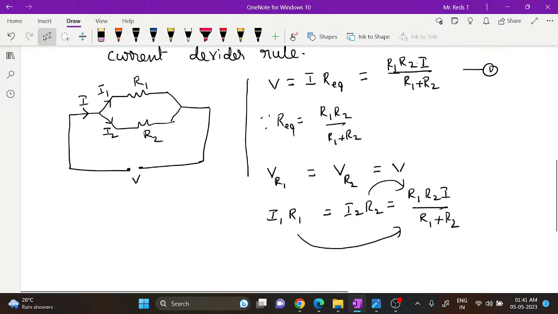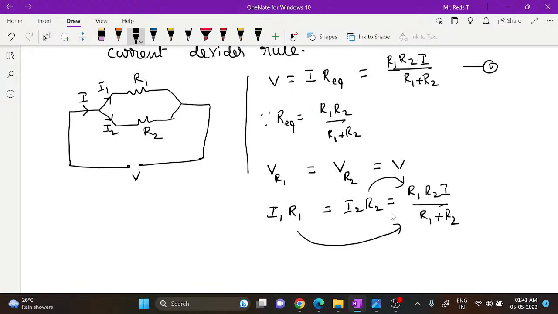Let us redraw this parallel combination of resistors in this fashion, like this in this diagram. If you connect this parallel combination of resistors to a voltage source having a potential difference of V volts, this V will be dropped across the parallel combination of resistors.